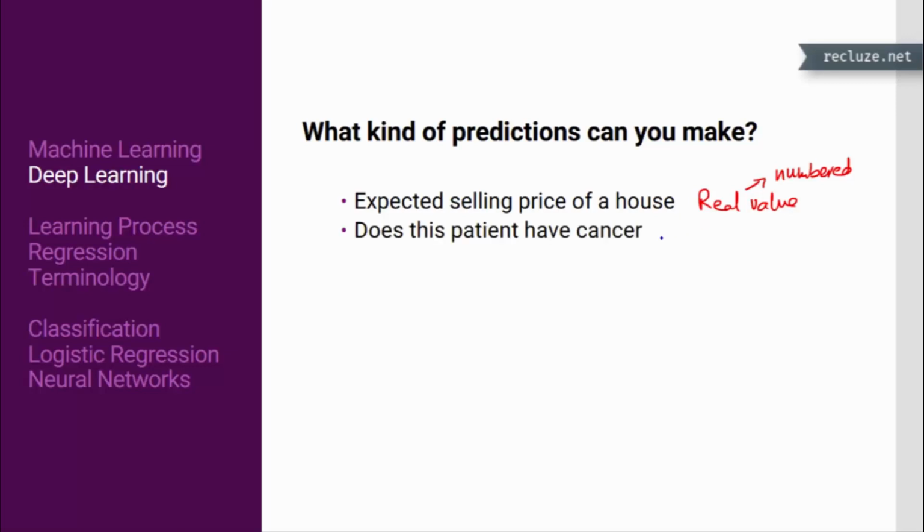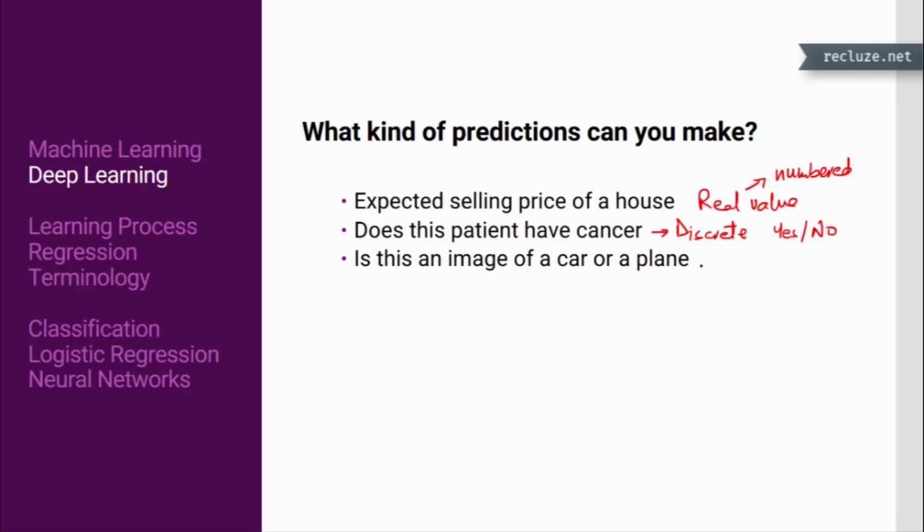We can also predict whether a patient has cancer given the information that we have about the patient, for instance, their CT scans. So this is going to be predicting a discrete value, meaning it's either going to be yes or no. There's nothing in between. We can also predict whether the image that we're seeing is of an aeroplane or a car.